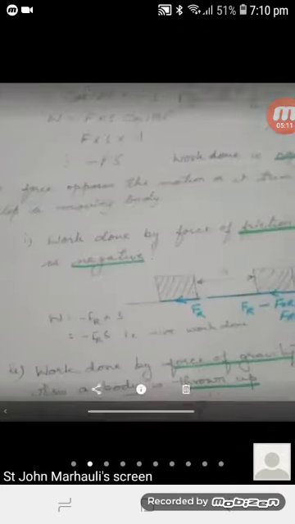Here we find that the displacement is opposite to the force applied, which means that you are generally applying the force either to stop a moving object, or to have a motion in the opposite direction.